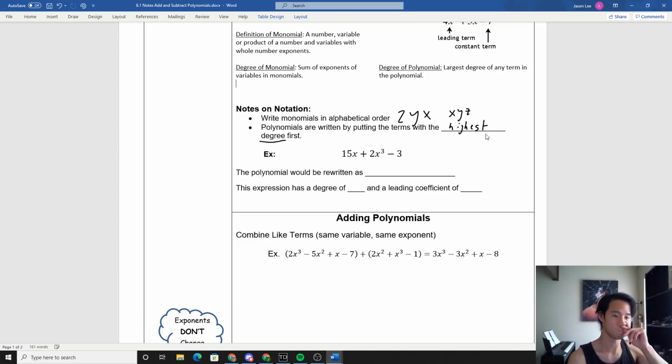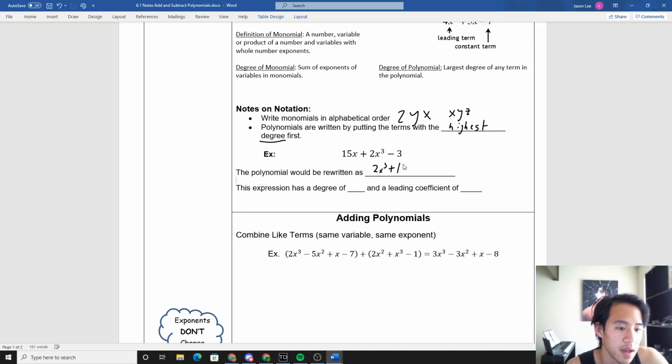Sorry, I know my tablet's kind of small, so my handwriting might not be the best, as per usual. So for example, here we have this trinomial, this polynomial, and we're going to rewrite it like this. We're going to put the x cubed first because that's the biggest power. So 2x cubed, and then plus the 15x, and then minus 3.